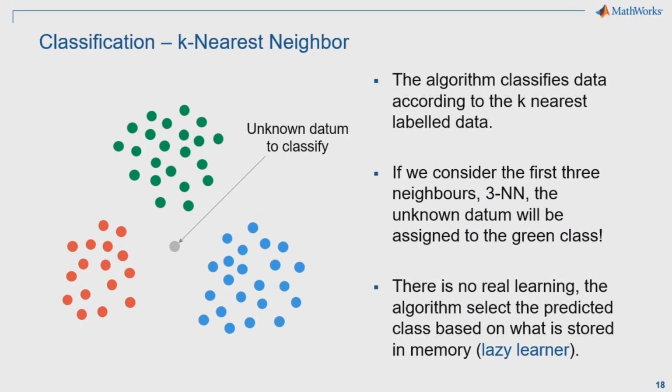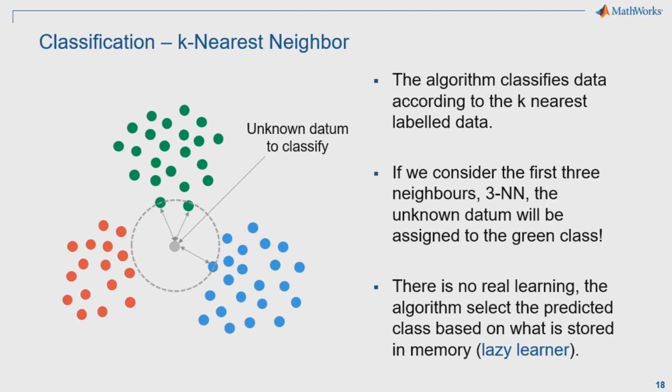In particular, we are now going to dive into the K-Nearest Neighbor classifier. If the colored dots are the data that we have in our dataset, and we want to classify an unknown datum, the algorithm is based on the search for the k nearest labeled points to the unknown data.